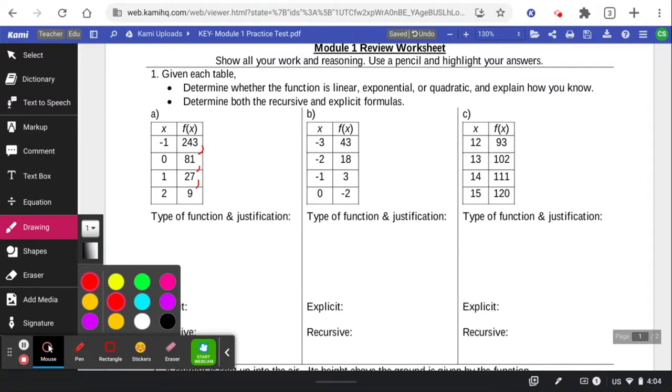So what do we say? We say times 1/3 as the multiplier to the previous term.